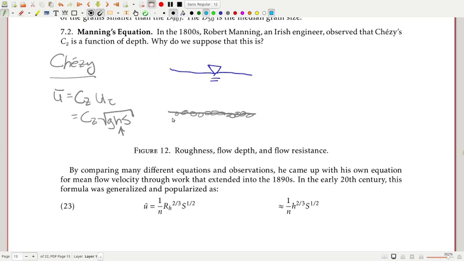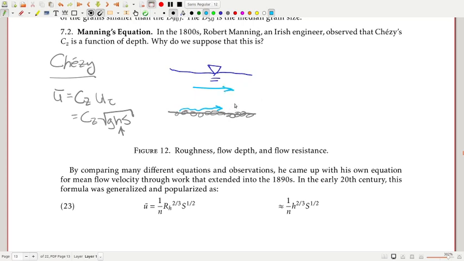And so what I'm going to posit right now is that the flow that's at the bottom is going to feel a lot of the roughness, because these flow lines have to go up and down and over each of these individual bumps. Whereas the flow at the top is going to move pretty much free of roughness. That's much less wavy.